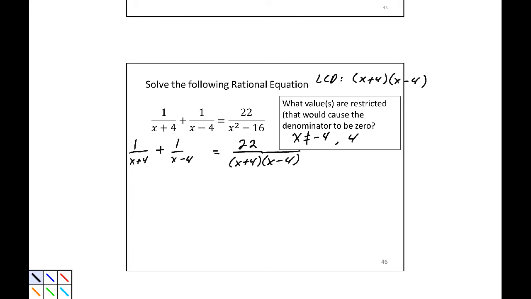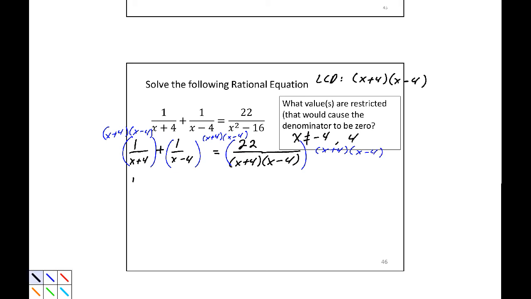Next, we want to multiply everything by x plus 4, x minus 4, and then on the right-hand side, x plus 4, x minus 4. That will result in an equation where the x plus 4 cancels out.